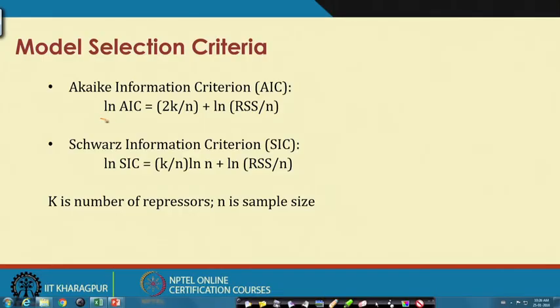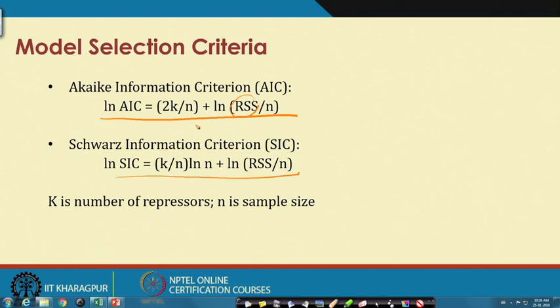We have the Akaike information criterion, that is the AIC statistic, and then the SIC statistic. The formulas are available to report the AIC statistic and the SIC statistic, where RSS is the residual sum of squares derived from the estimated equations, and K and N depend upon the number of regressors and the sample size.